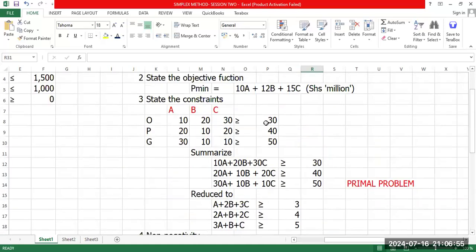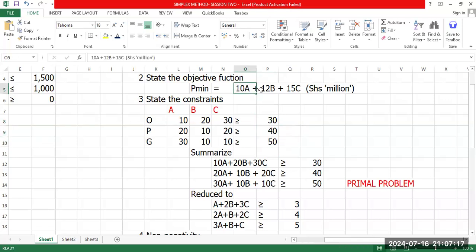The figures you had after the inequality are the figures that are going to make your objective function.